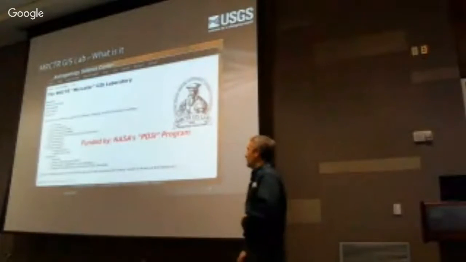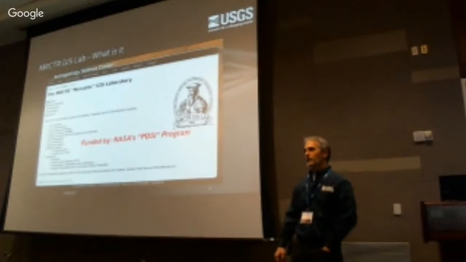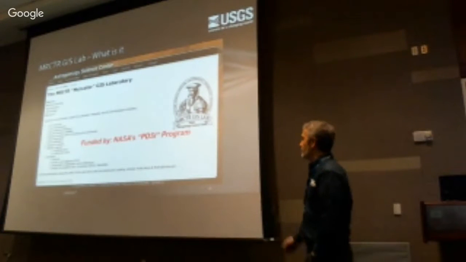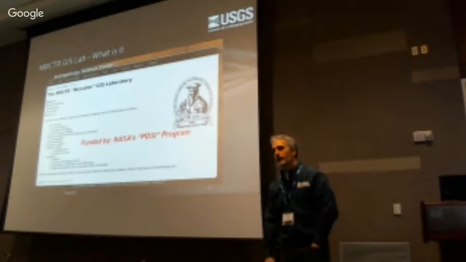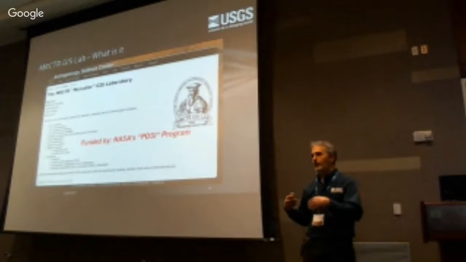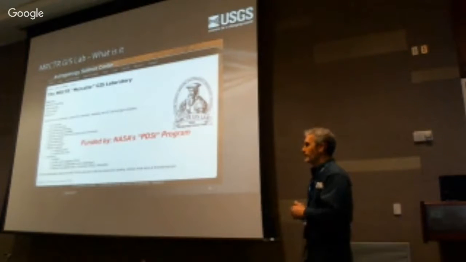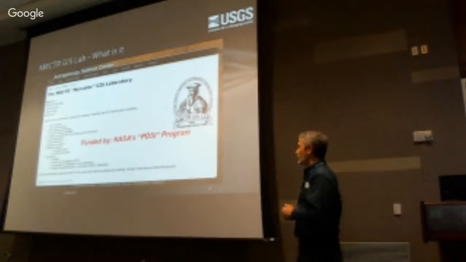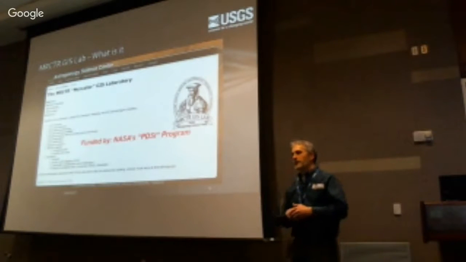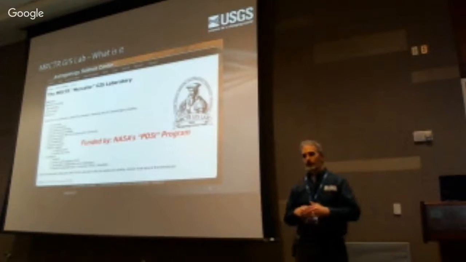So who am I? I'm Trent Hare. I've been at the USGS for 28 years. I now run what's called the Astrogeology GIS Lab. Coordinate standards and mapping and geologic mapping, the technical side of that, are now funded by the NASA PSDI, the infrastructure.